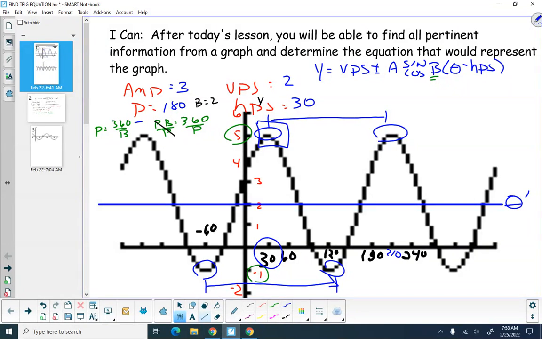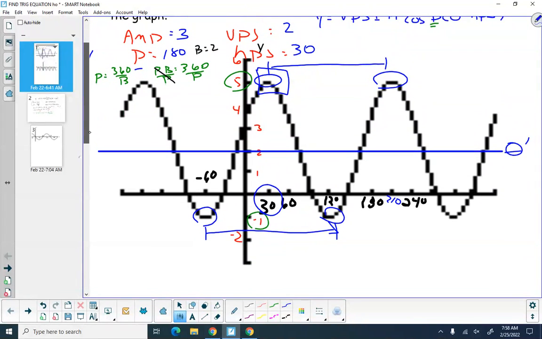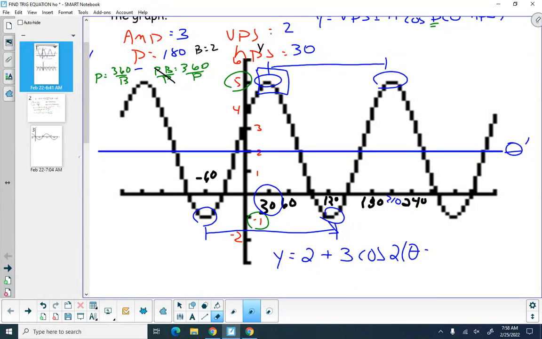So I can write my equation: y is equal to my vertical phase shift, which is 2, plus my amplitude, which is 3, cosine of my b value, which is 2, times theta minus our horizontal phase shift. And there would be our equation.